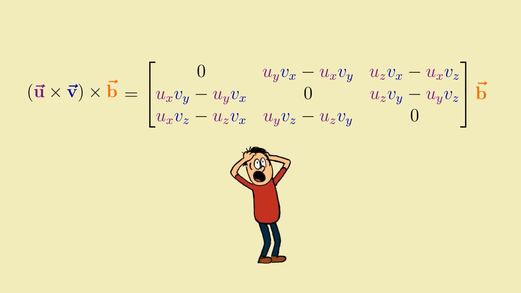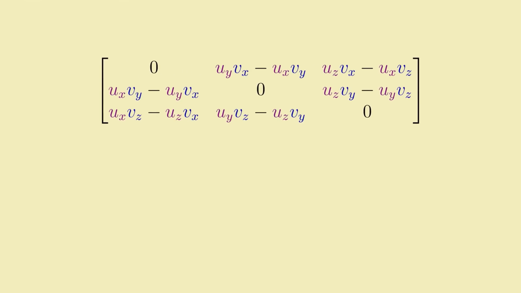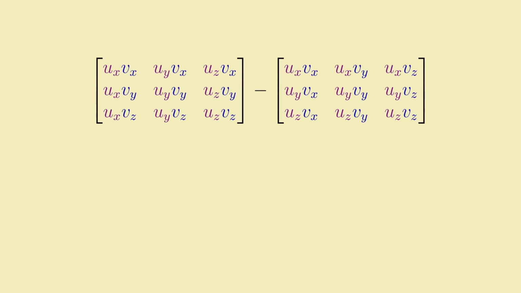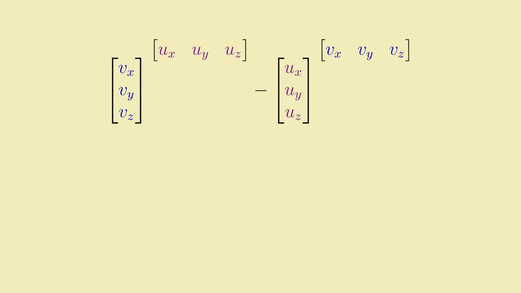Now, I know it looks like an absolute nightmare of a matrix, but the good news is it can be rewritten in much simpler fashion. First, it can actually be decomposed into the difference between these two matrices, and each of these can be thought of as coming from multiplying one of the vectors U or V as a column by the other as a row.